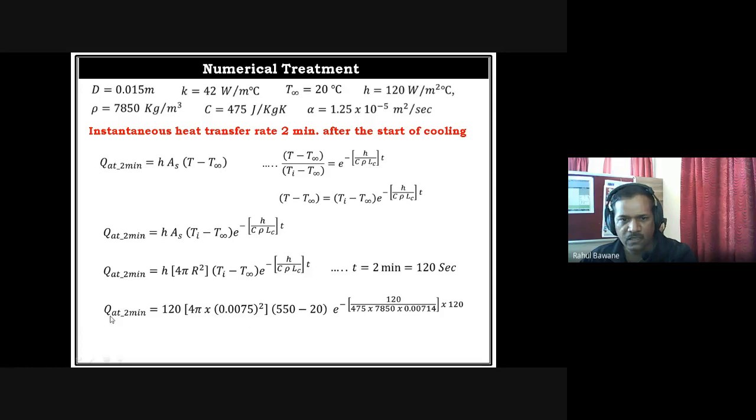So only Q at 2 minutes will remain. On calculating this we come to know exactly after 2 minutes what the rate of heat transfer is.